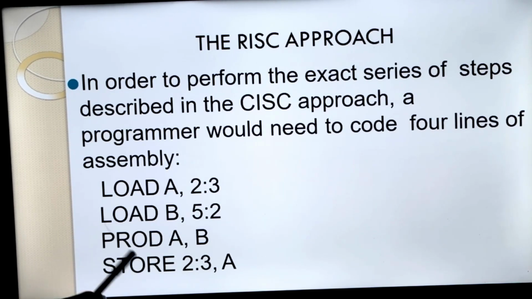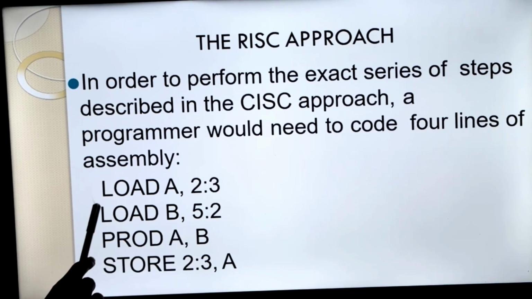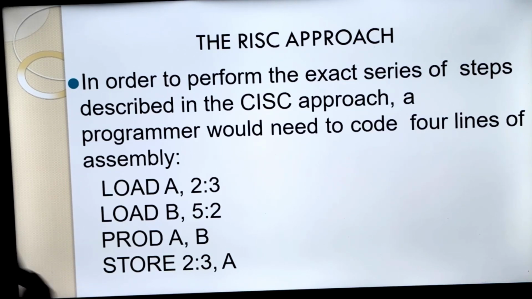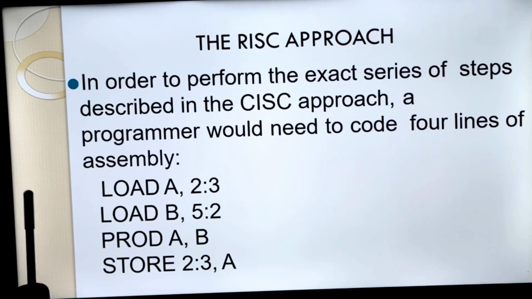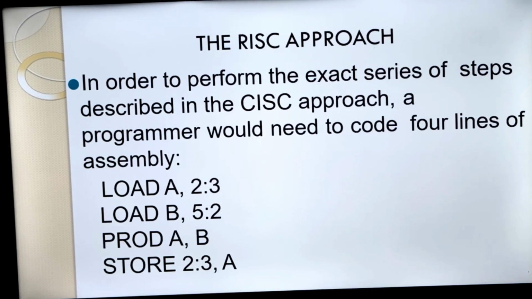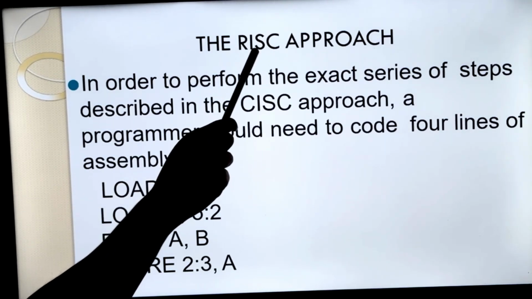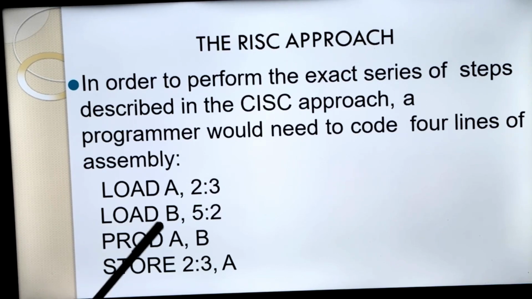Now see the difference. In CISC only one line was sufficient, but in RISC we have 4 instructions. So the number of instructions is more in RISC. Now here students make a common mistake. They just see the full form of RISC and CISC. The full form of RISC is reduced instruction set computers. So they think that this is a reduced instruction set, so I have fewer instructions.